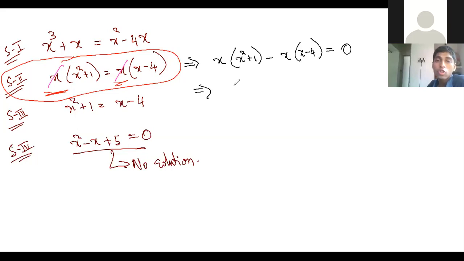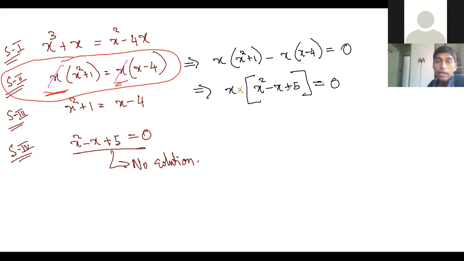Then you can take x common again. So this directly becomes x into x square plus 1 minus x plus 4. Can I directly write this in this way? Is this okay? Yes, sir.